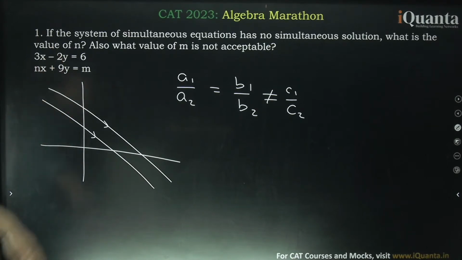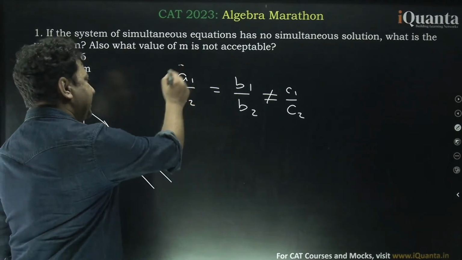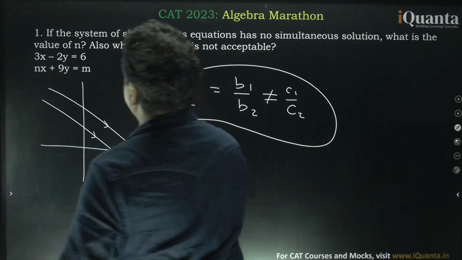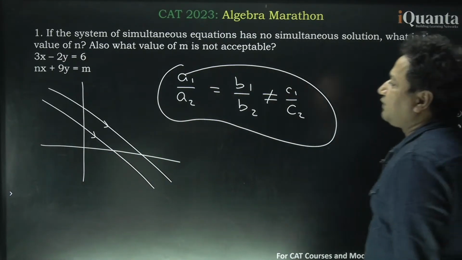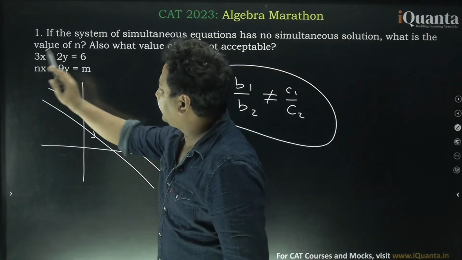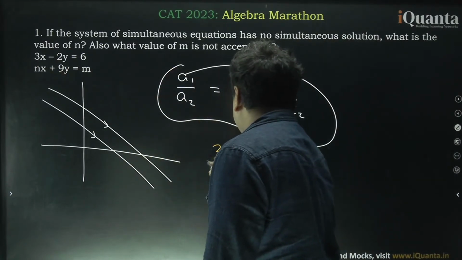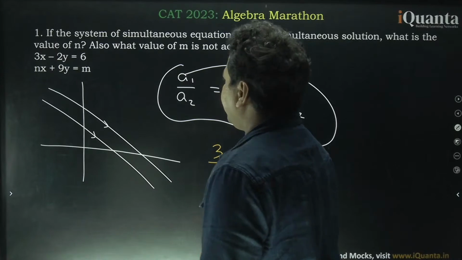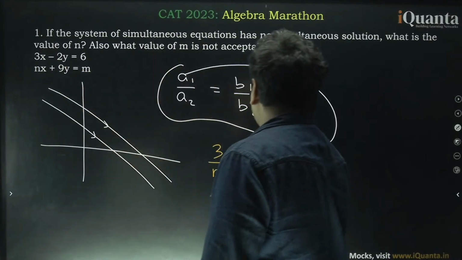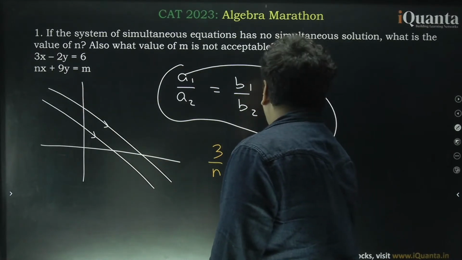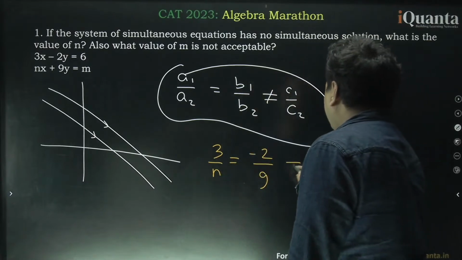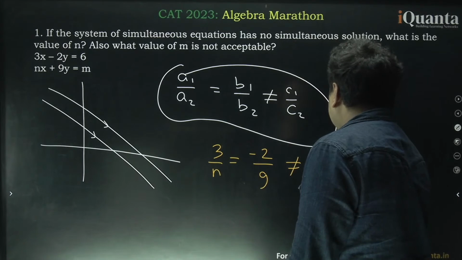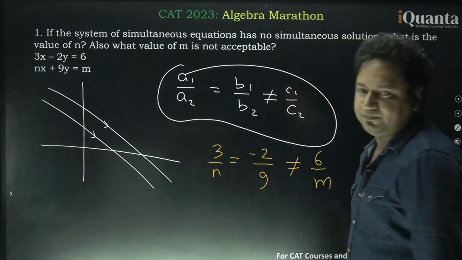So, in our question, it says it has got no solution. No solution means this is the case that we are talking about. Clear? So, let us try to solve it. For a1, we have 3, and we have n. So, 3 upon n should be equal to minus 2 upon 9, and this should not be equal to 6 upon m, isn't it?